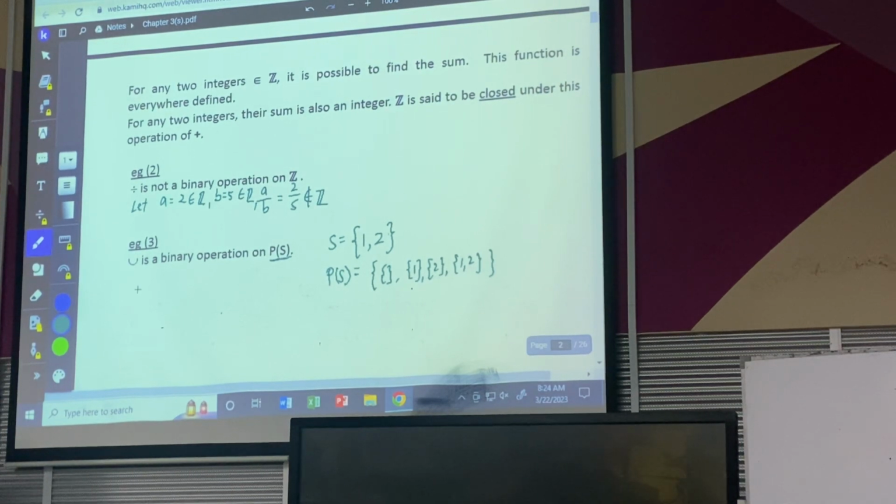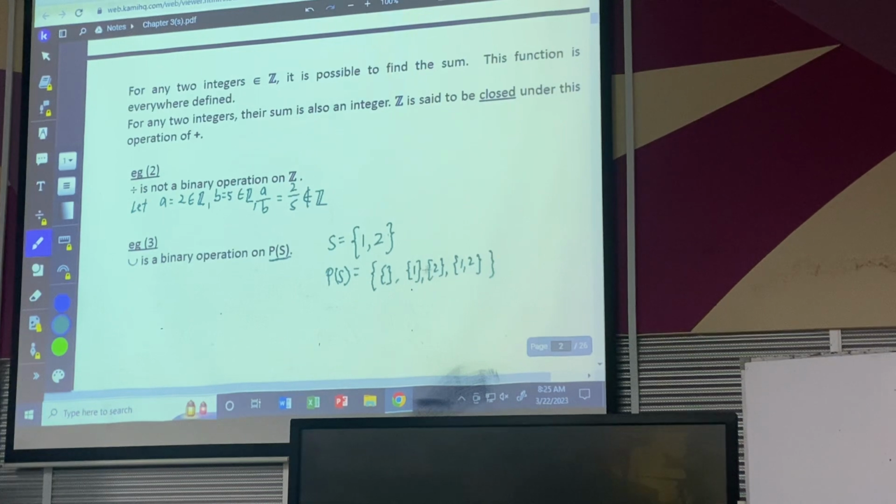Now we want to determine, is this union a valid binary operation on the power set or not? So meaning that if I take any two elements from this power set here and I do the union, do you think that I will get back the answer from the set? Yes. Right? Okay, so the empty set union with 1, you also get 1. The empty set union with 2, you get 2. And then the empty set with {1, 2}, you get {1, 2}, and so on.